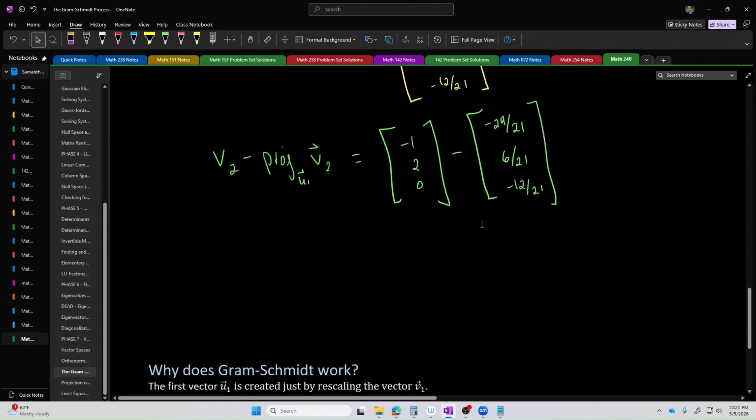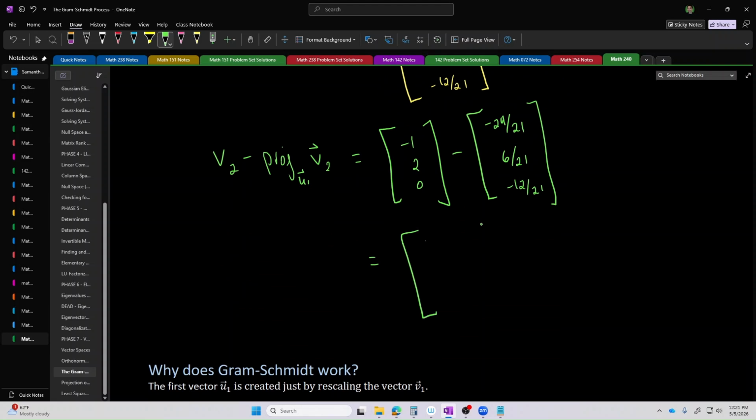And so if we complete that vector subtraction, then we get, I think, in the first entry, 3 over 21, 36 over 21. And then 0 take away negative 12 over 21 would be positive 12 over 21.